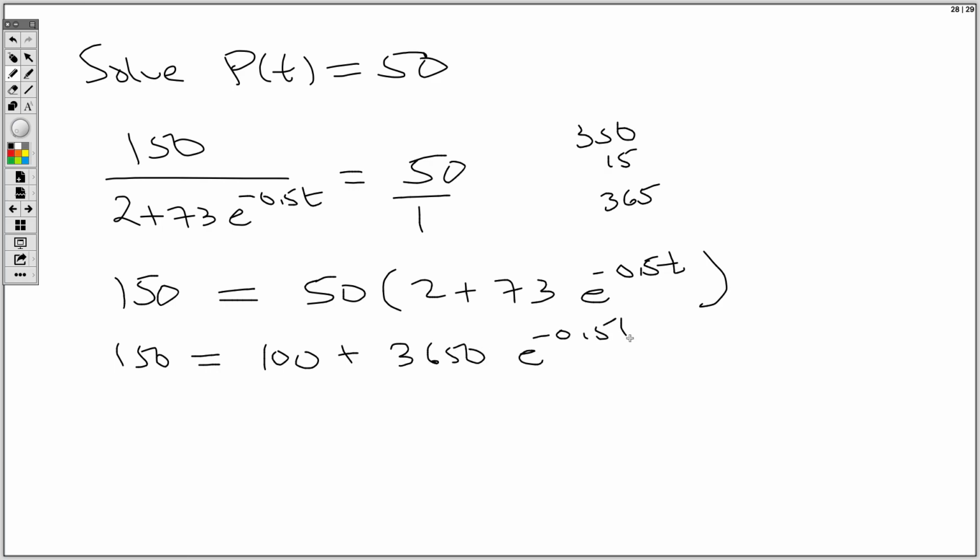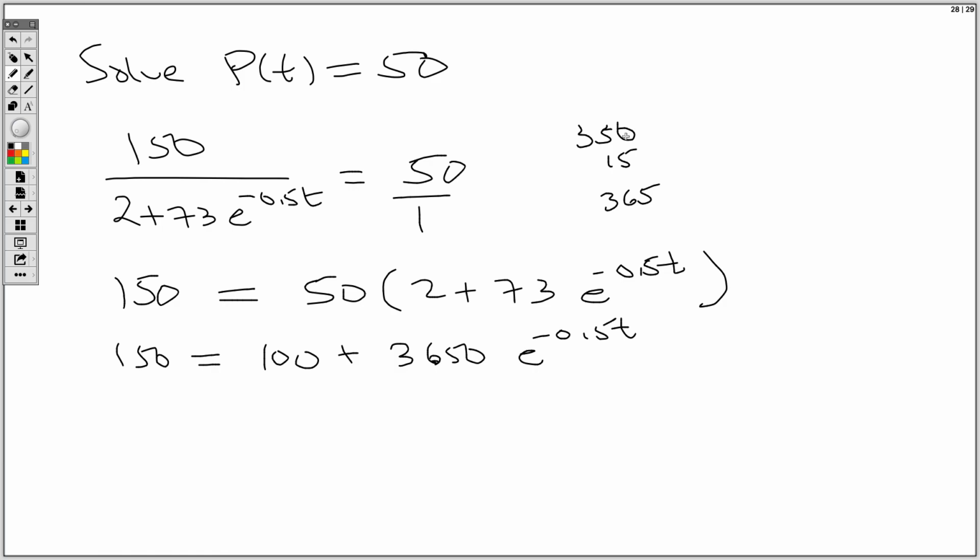E to the minus 0.5t. Let's double check that. So 5 times 70 is 350. 5 times 3 is 15.